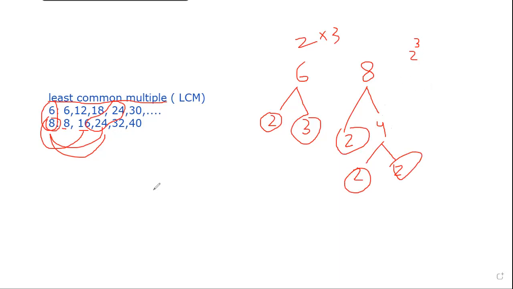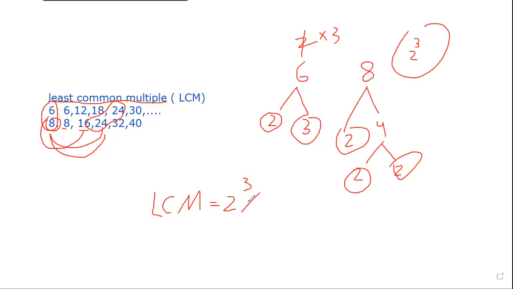Now, to find the LCM using the prime factorization, you multiply the common first. 2 is common, yes? So I take here the common factor with the greatest power. So 2 is common, but here 2 power 3, here 2 power 1. So I take 2 power 3.